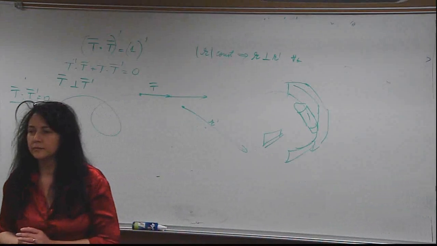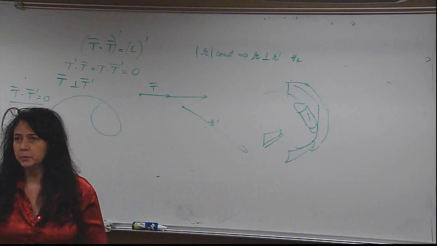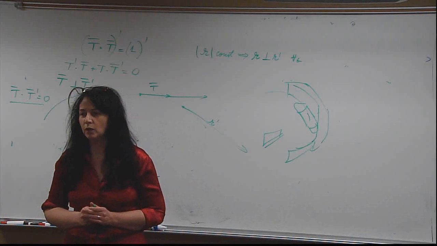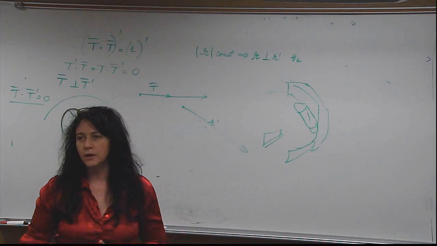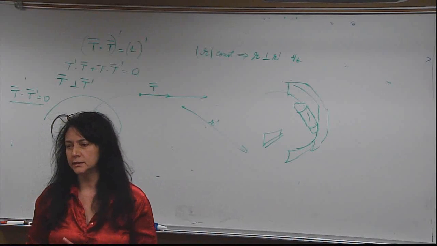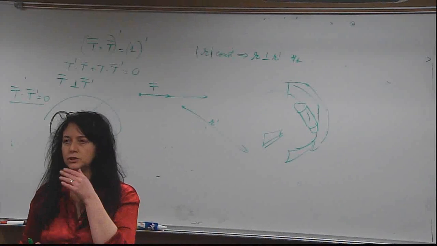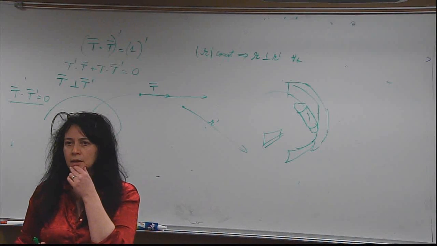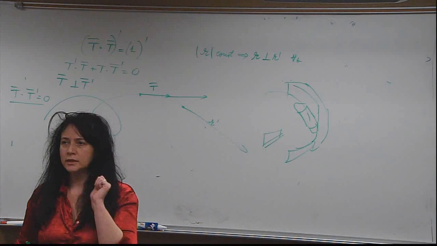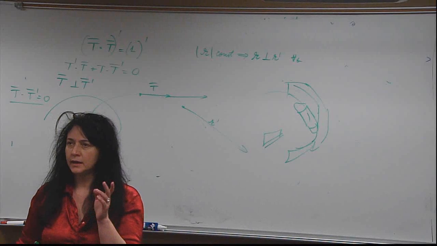And yes, sir? What's the difference from centrifugal force? The centripetal force is related to R double prime. R double prime is related to N and T at the same time. So let me ask you one last question, and I'm done. What's the relationship between acceleration, R double prime, and N?